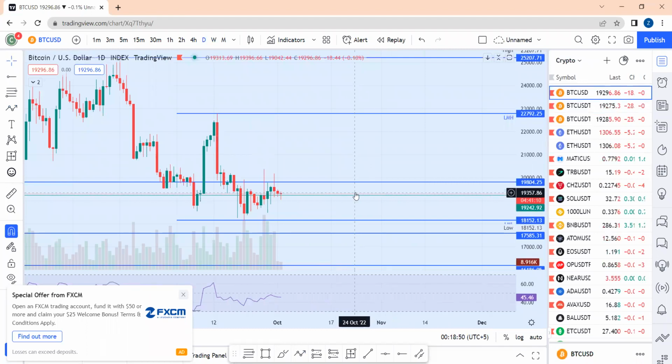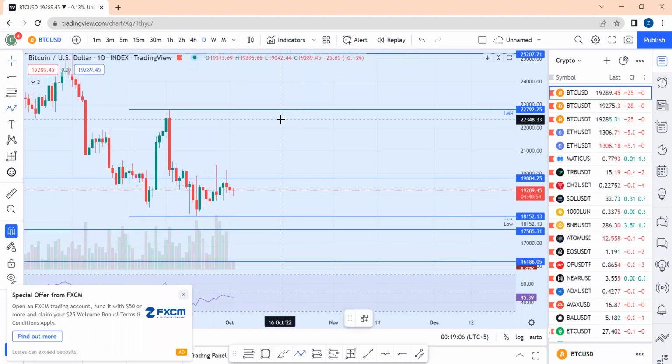The point where you want to go in, where you want to buy, where you want to go long, there are different ways people do that. You can just start buying around 18,000 and 17,500 if it goes there, and then wait for that to play. The other way is you wait for the trend reversal. It's a downtrend making lower highs, lower lows.